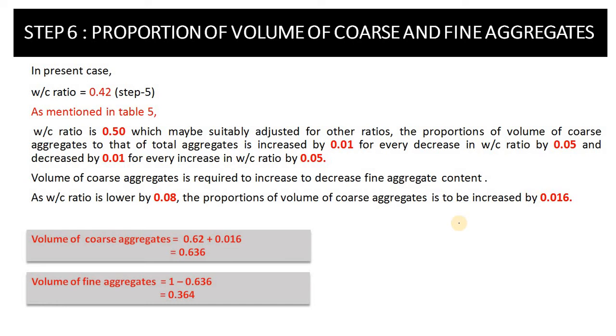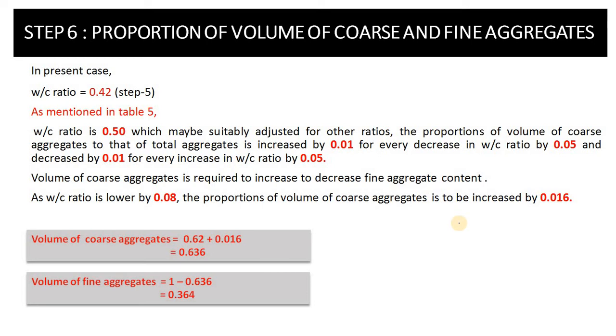The proportional volume of coarse aggregate to that of the total aggregate is increased by 0.01 for every decrease in water cement ratio by 0.05, and decreased by 0.01 for every increase in water cement ratio by 0.05. Volume of coarse aggregate is required to decrease fine aggregate content.